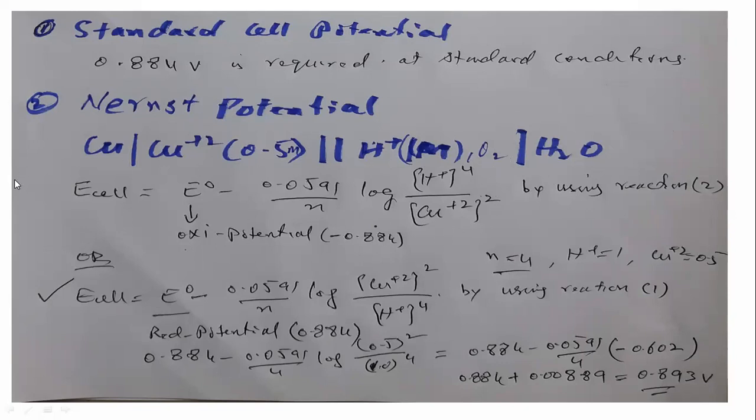So what is this? This is the Nernst equation, very simple. E cell is equal to E naught minus 0.0591 divided by n log of the product divided by the reactant. I have written two possible ways, so you must not be confused.